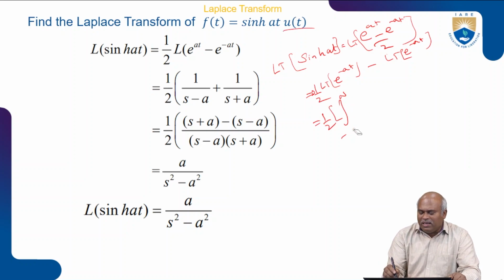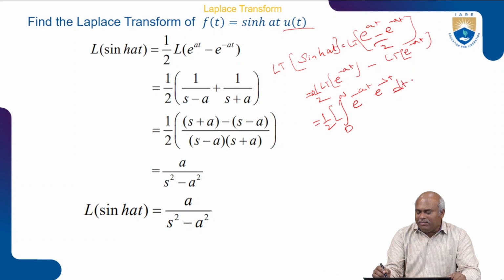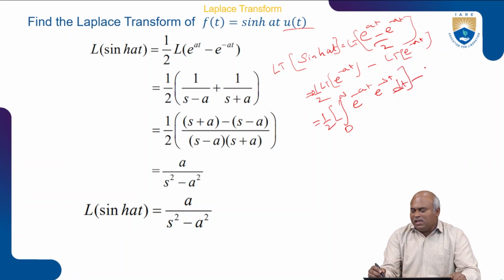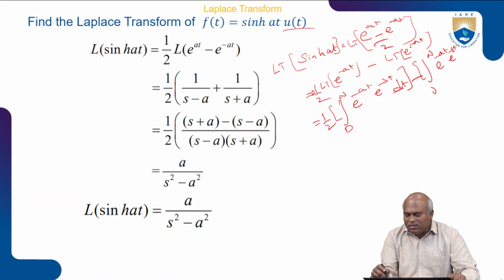That's why the limit starts from 0. Then e power at e power minus st dt, this is one term. Another term, integration of 0 to infinity e power minus at e power minus st, sorry, this is plus, here also plus.